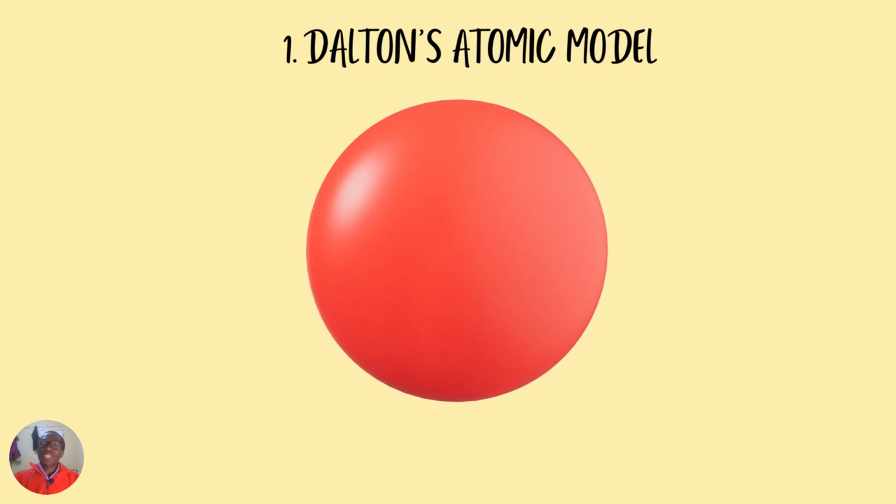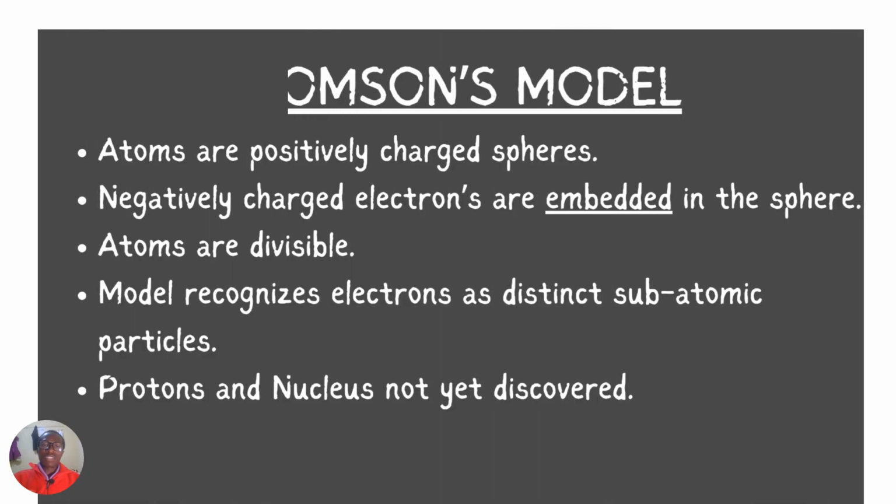So one of the sharp weaknesses or critiques of Dalton's atomic model is that the model was not able to show that there are smaller particles than the atom. So it was later replaced after about 100 years of serving scientists well by a better model called Thomson's model. As we said, this is Thomson's plum pudding model.